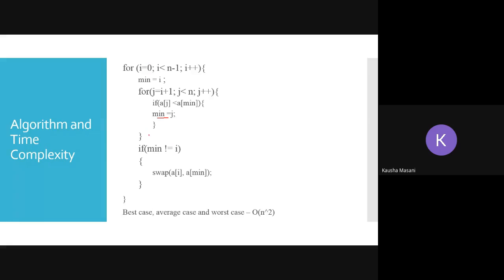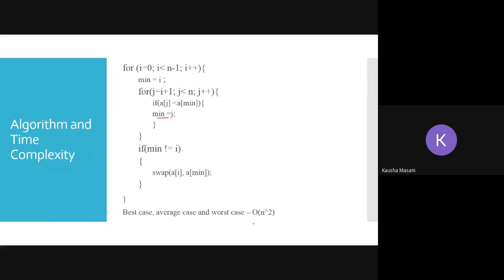Now in all of these cases, the best case, average case and worst case of selection sort, the order is n square. How n square? Any simple explanation anyone can give? Don't go for the logarithmic one, that I'll go over in the lab sessions.